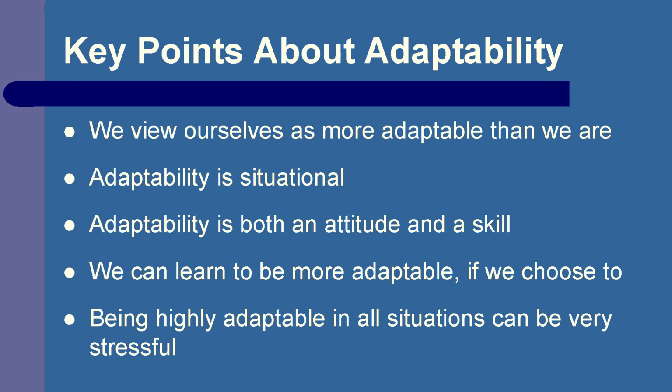And we can learn to be more adaptable if we choose to. It's an easy thing to learn. So it could be as simple as just mirroring the person we're interacting with. If they're laid back, low-key, soft-spoken, generally warm, then be laid back, soft-spoken, warm. So just mirroring what you're seeing and hearing from them is a simple way to adapt.